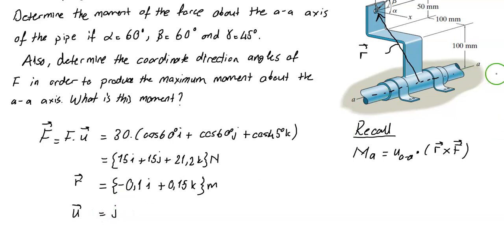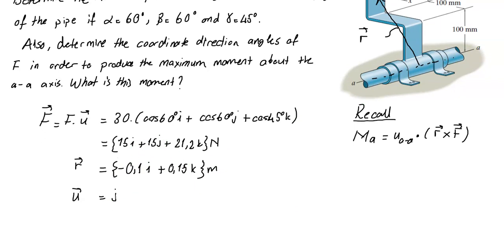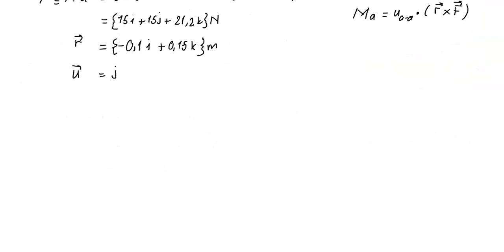Because the axis that we're interested in is the AA axis, it lies in the y-axis direction. Let's continue with the dot product operation.